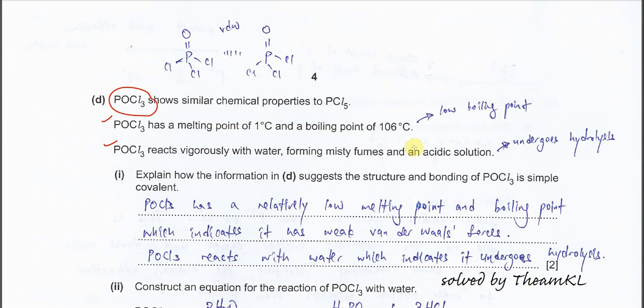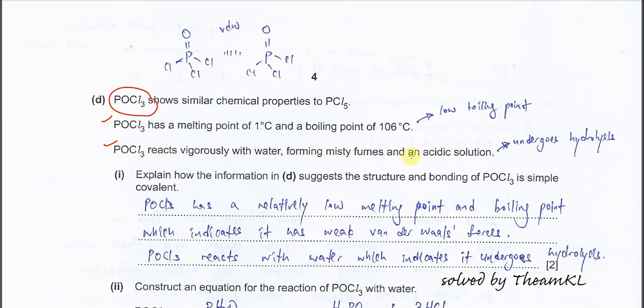For a giant structure, we know that it's going to have a very high melting point and boiling point, 1,000 and above sometimes. And second, POCl3 reacts vigorously with water, forming misty fumes and an acidic solution.